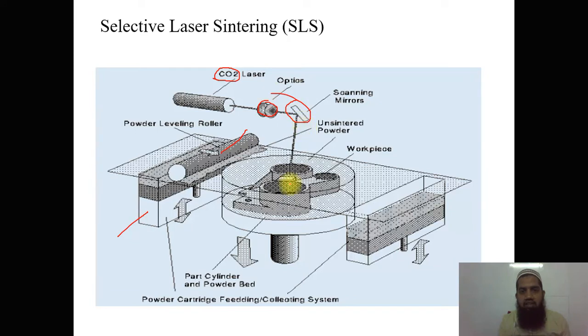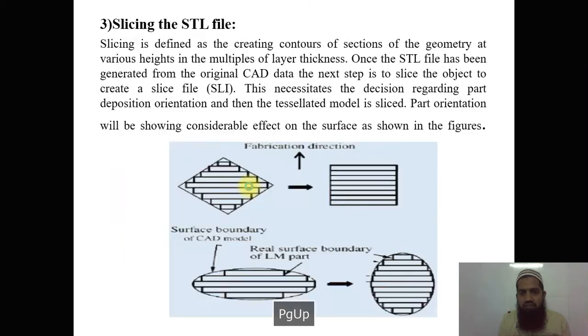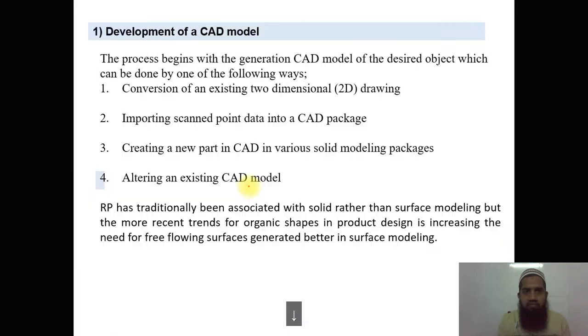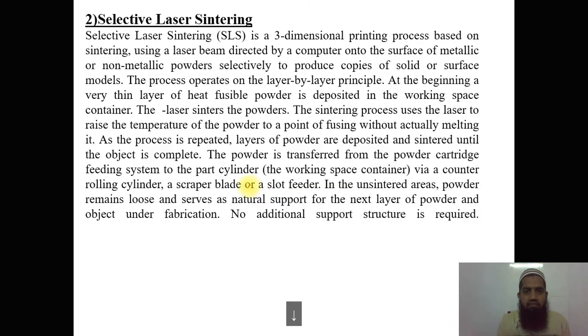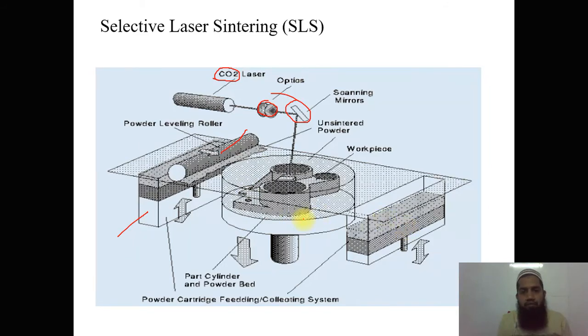From the laser light, it forms the model, whichever model is required, and again it moves from here to here, and the same model is formed as required. The upper layer is joined to the lower layer, and this process takes place continuously until the final model has been formed. Every time, as per the thickness of the layer, the platform goes down.